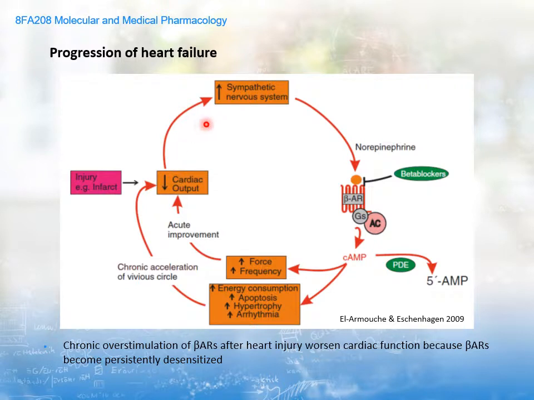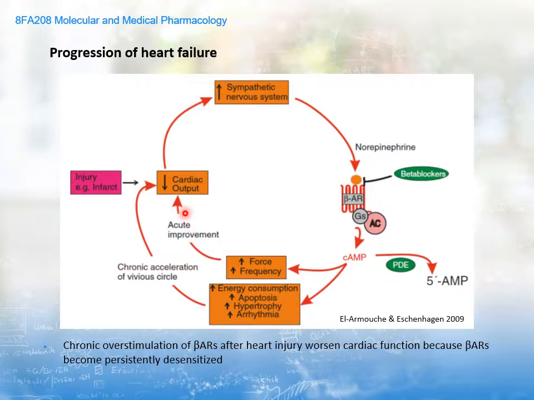Via stimulation of the sympathetic nervous system, which will produce noradrenaline. Noradrenaline targets the beta-adrenergic receptors that, as we have seen, stimulate Gs, induce AC, which produces cyclic AMP, and that will in turn result in an increase in the force and frequency of the heart, with an acute improvement of the original situation.